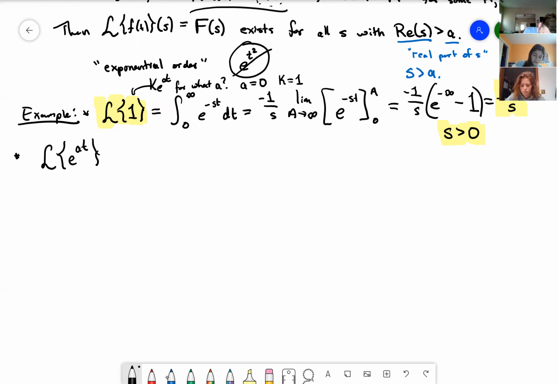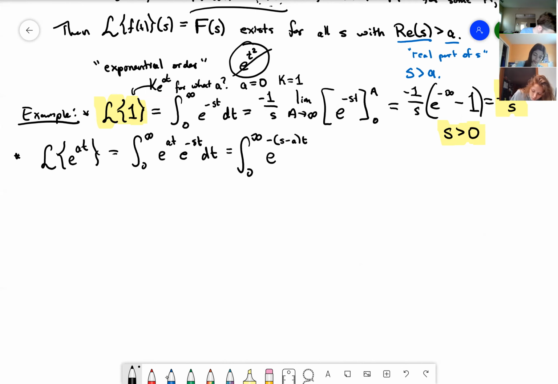That's our first example. Second example, the integral from 0 to infinity of e to the at, e to the minus st dt. So this is the integral from 0 to infinity of e to the negative (s minus a) t dt. The reason I did that will be clear immediately. All that we have now is that the s is replaced by s minus a.